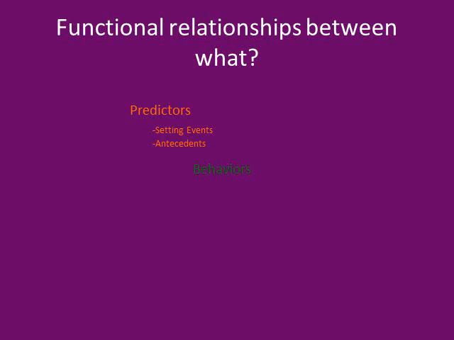Behaviors, and then there's the antecedents, which are quick triggers, and sometimes can be pretty easy to predict, but also sometimes can be harder. And then we know that there's behaviors and consequences, which are important to identify to determine if there's a maintaining consequence, and we'll talk about that in a minute.